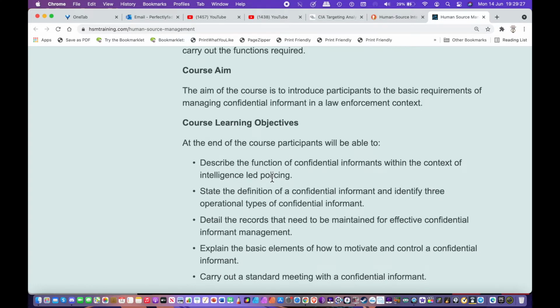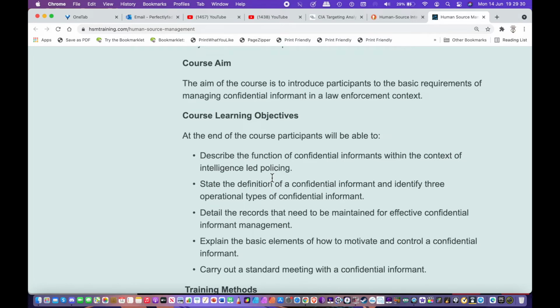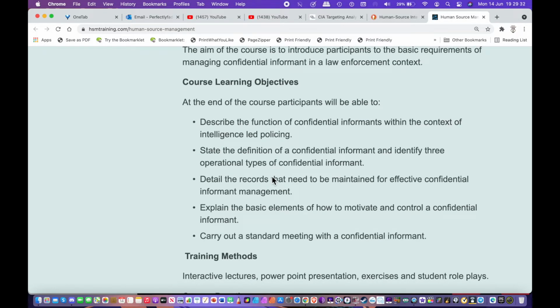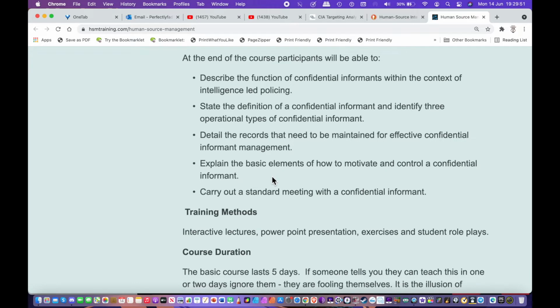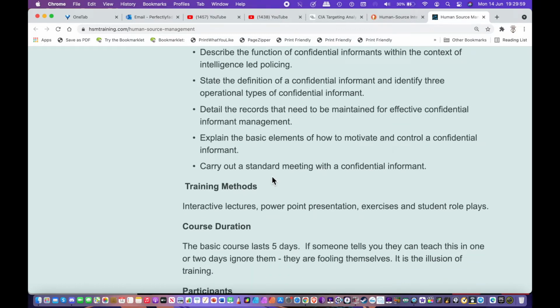At the end of the course, participants will be able to describe the function of confidential informants within the context of intelligence-led policing, state the definition of a confidential informant, and identify 3 operational types of confidential informant. Detail the records that need to be maintained for effective confidential informant management. Explain the basic elements of how to motivate and control a confidential informant.